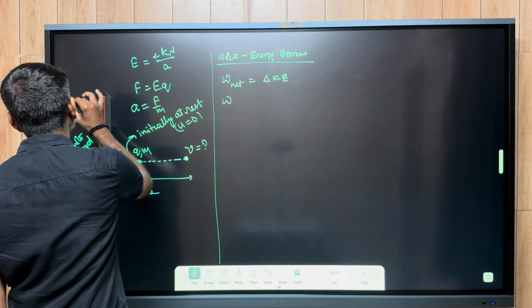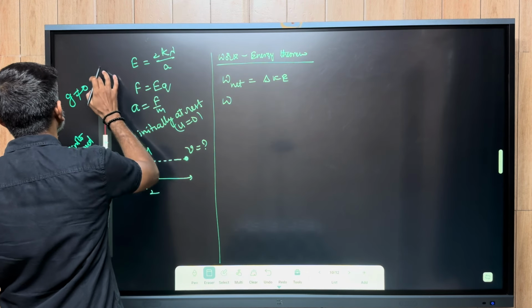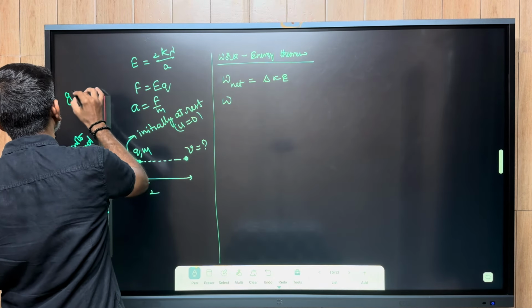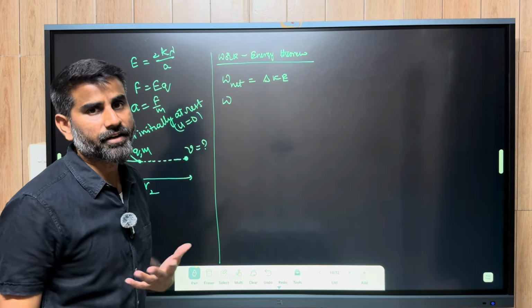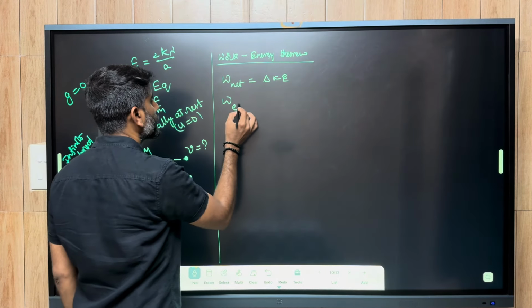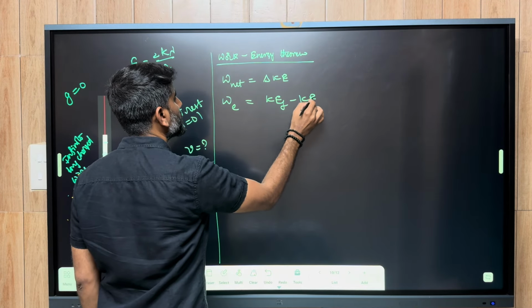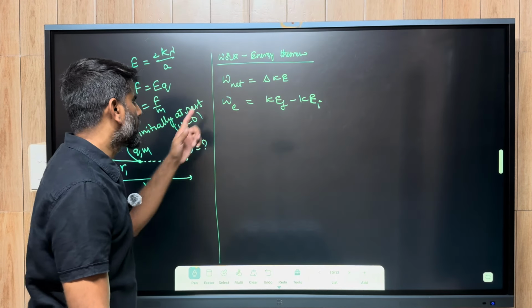Gravity is ignored, so only one force is left, that is the electric force. Work done by the electric force is equal to kinetic energy final minus kinetic energy initial, the change in kinetic energy.